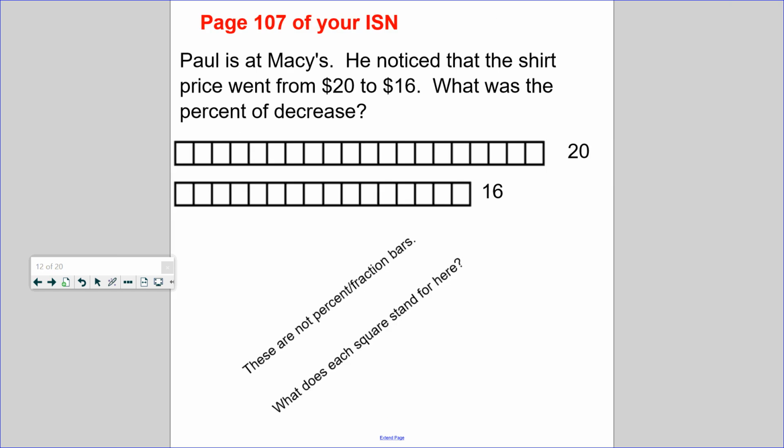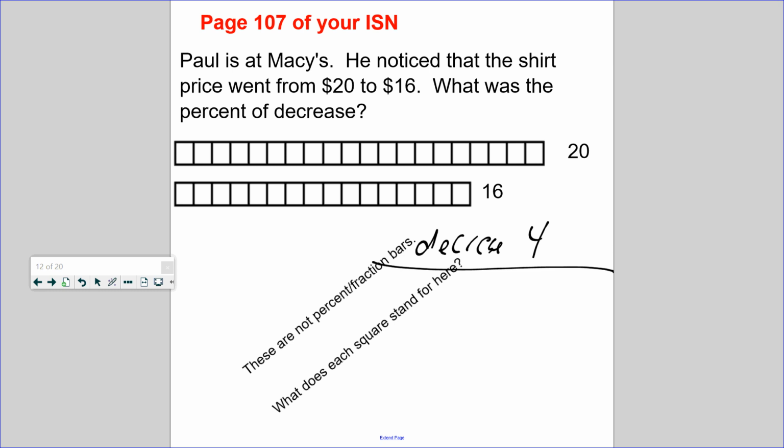So we're going to practice 2 more questions. Paul is at Macy's. He noticed that his shirt went from $20 to $16. What was the percent of decrease? So it decreased in price. So now we need to figure out what was the percent of decrease. So price-wise, how did it decrease by? It decreased $4.